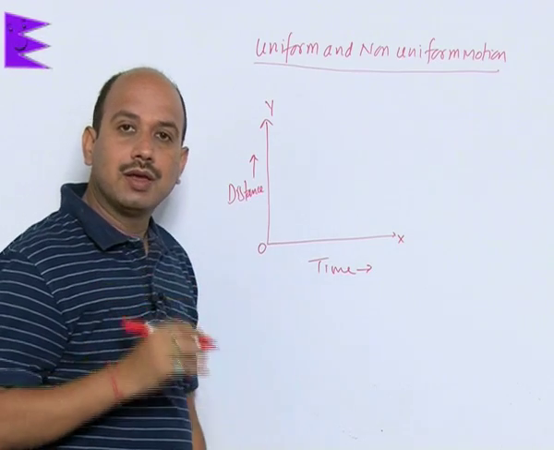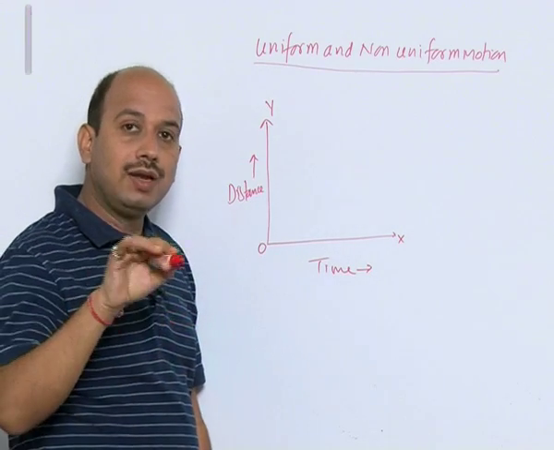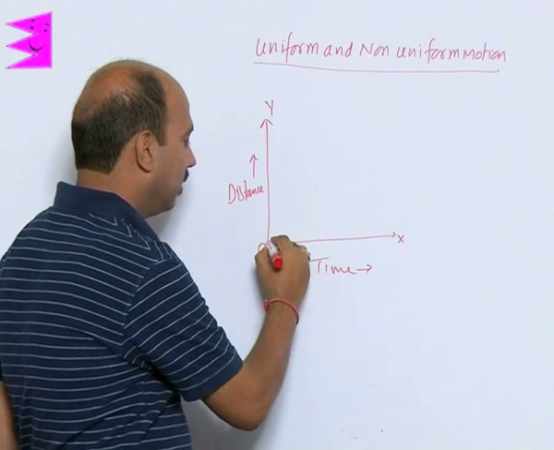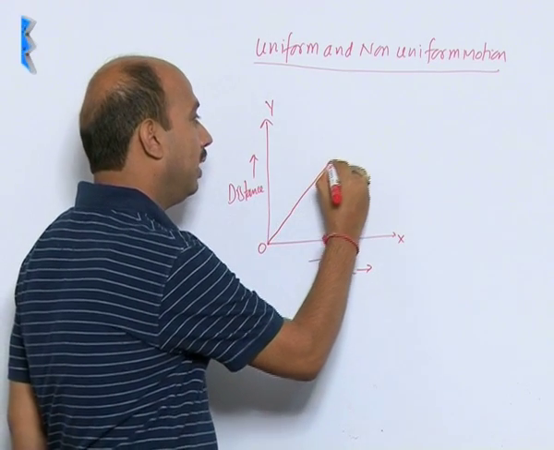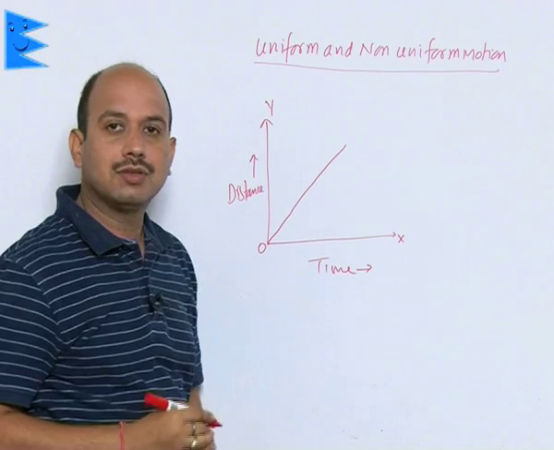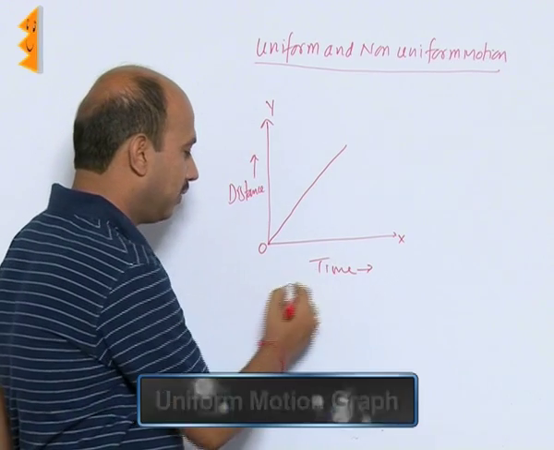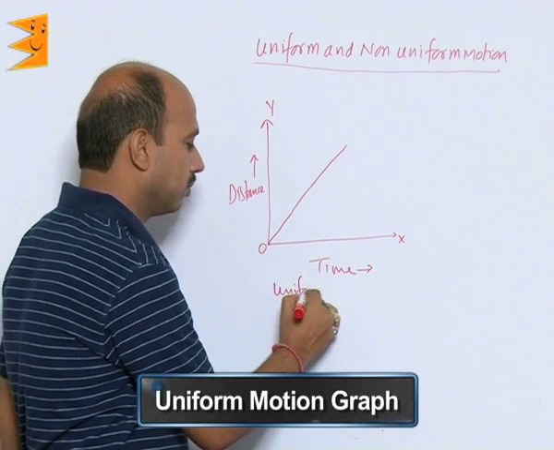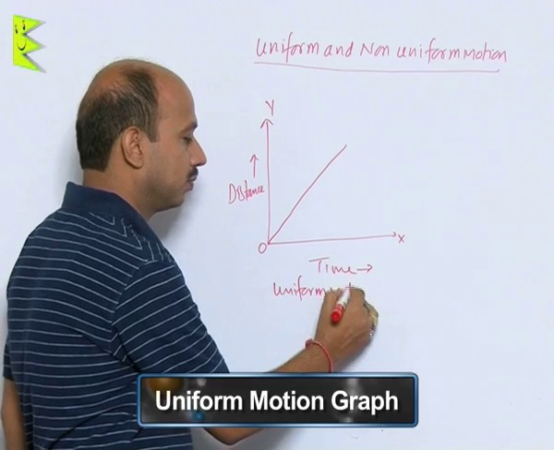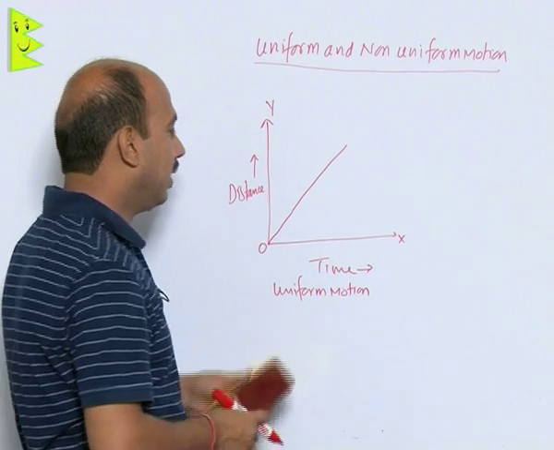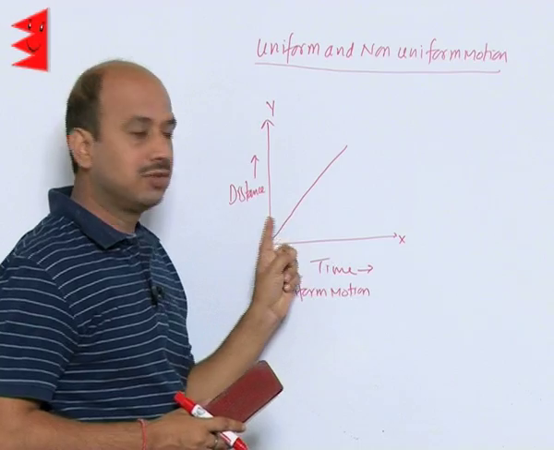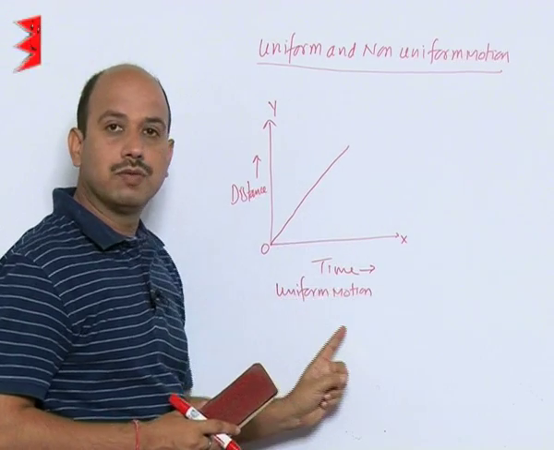If a body covers equal distances in equal intervals of time, then the graph obtained will be like this, that is a straight line. This graph is for uniform motion. So, whenever the graph between distance and time is a straight line, motion is uniform.